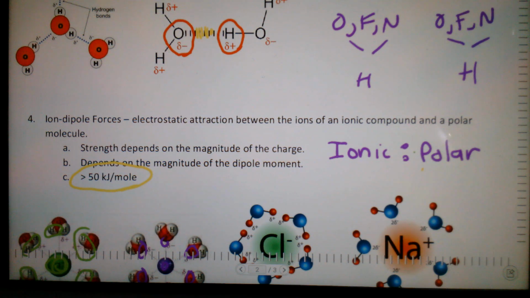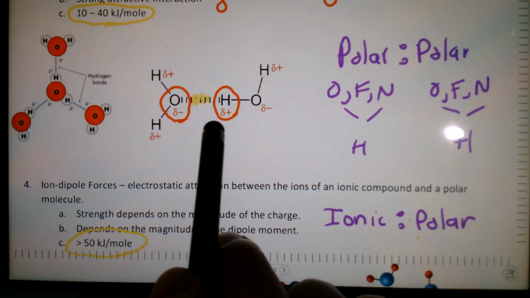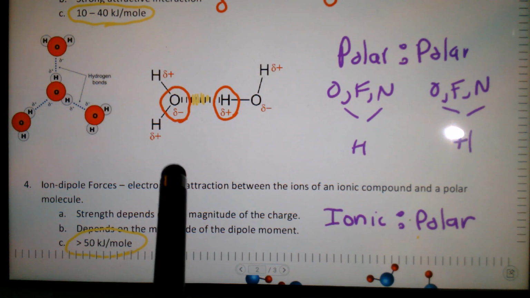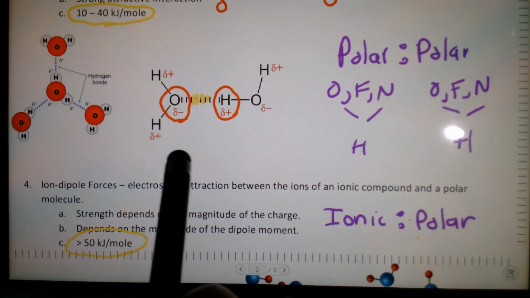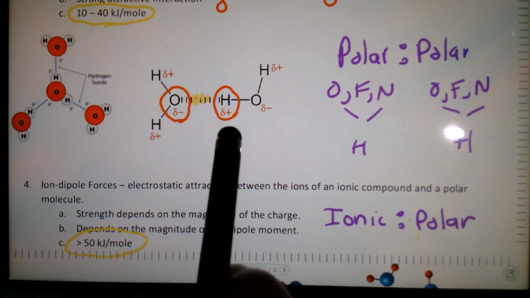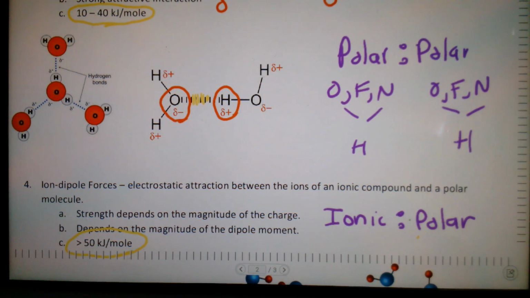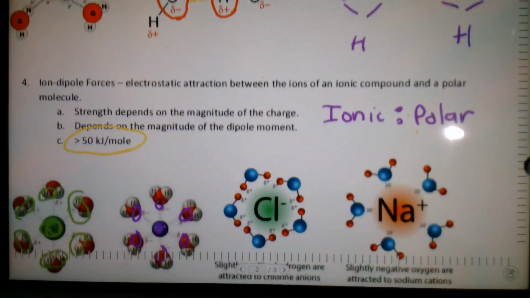Again, they can be the same. We're going to see a lot of molecules being the same because we are going to talk about properties, like why is the boiling point of this so much larger than something else? So we would be looking at two molecules of the same kind interacting with one another. But we did see on that previous example, they can be different.